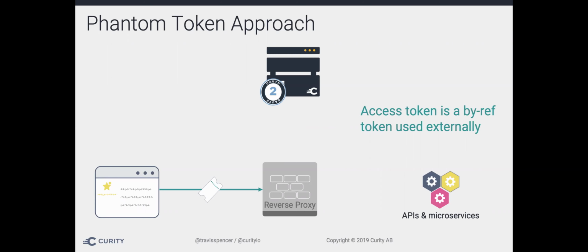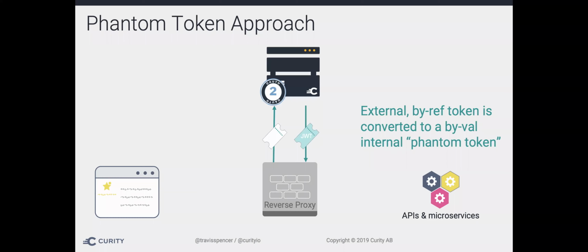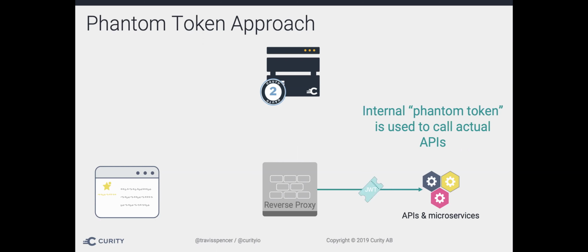And from this point, what you'll do is you'll take an opaque reference token and convert it to an internal by value token, like a JSON Web Token. And this is what we call the phantom token, because it's not present anywhere outside of your network and outside of your API. And then the reverse proxy or the API gateway forwards that JSON Web Token to the backend.